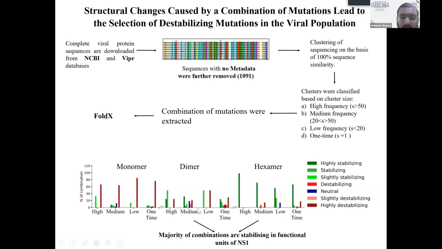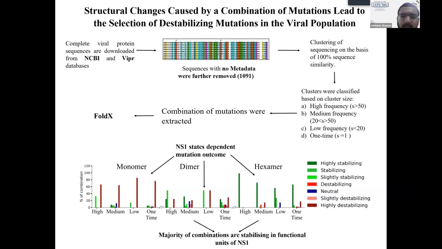This suggests that these destabilizing mutations are selected because, in combination, they provide a stabilizing effect. Also, one thing is clearer from this: there is an NS1 state dependent mutation outcome. So, with respect to our initial hypothesis, the quaternary arrangement of NS1 plays some role in shaping the NS1 distribution.